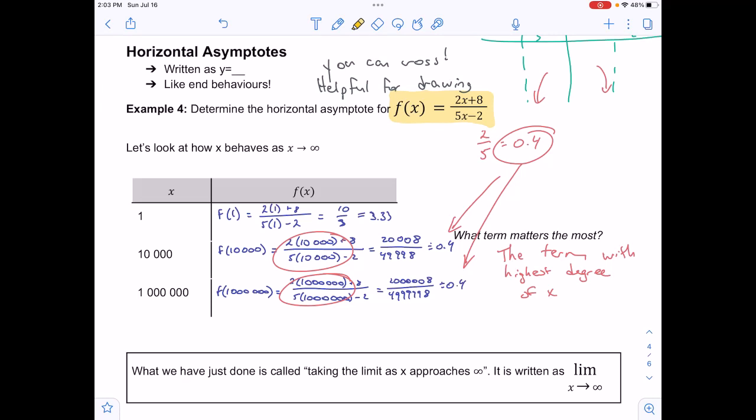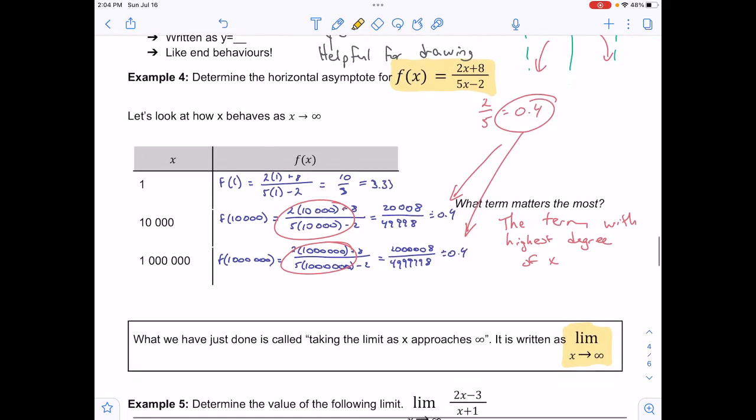The way we write it is lim, and then underneath you write x approaches infinity. So as x gets really, really big, what's happening here? We only really need to pay attention to the terms with the highest degree.